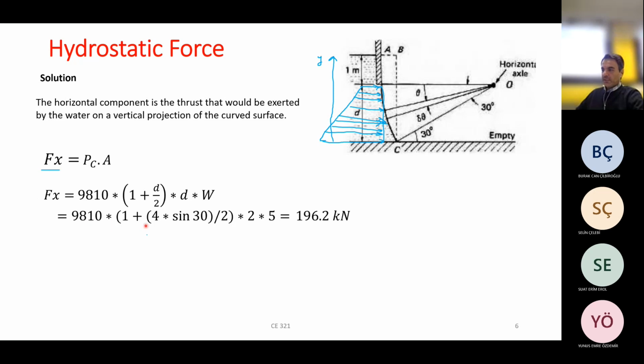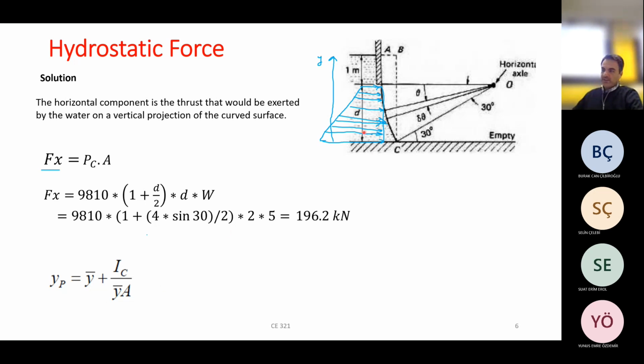And if you calculate this, you will see that the horizontal component equals 6.2 kilonewton. So where is the point that this force is inserted? The pressure center, not the centroid, the pressure center.